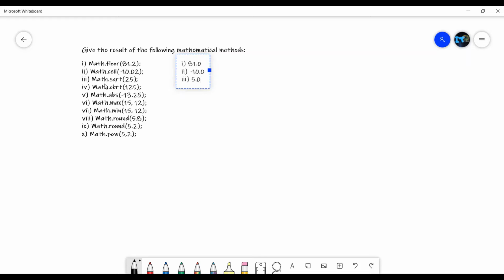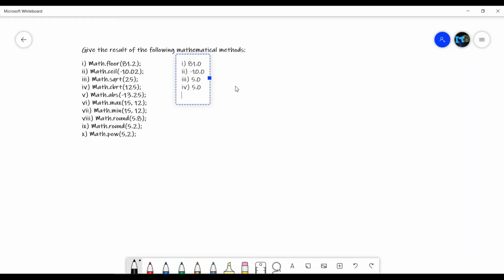So the Math.sqrt method returns 5.0. Then similarly the fourth one, Math.cbrt of 125, where cbrt means cube root. The cube root of 125 is also 5, so it returns 5.0.